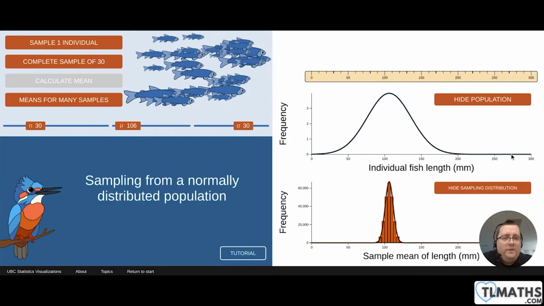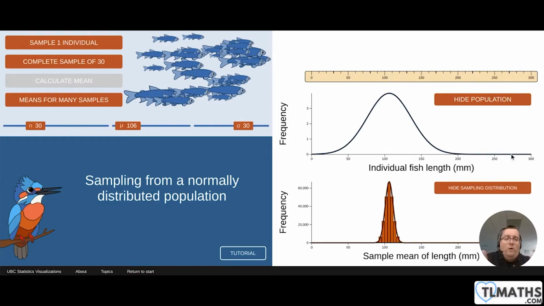Now, the way that it's drawn at this time, actually, it looks like the original population curve is about the same height, if not higher, than the sample means. Now, if you put those two graphs side by side, because one is thinner, they both, remember, have to have an area of 1, so actually the thinner one will be taller, if you drew them on the same axes, right?